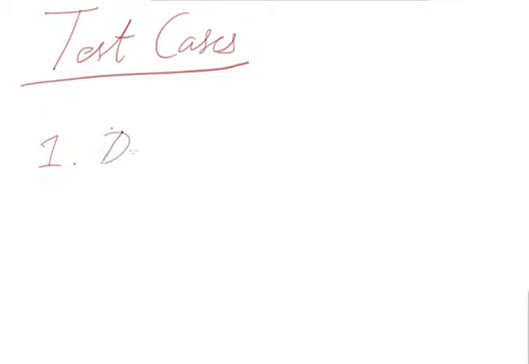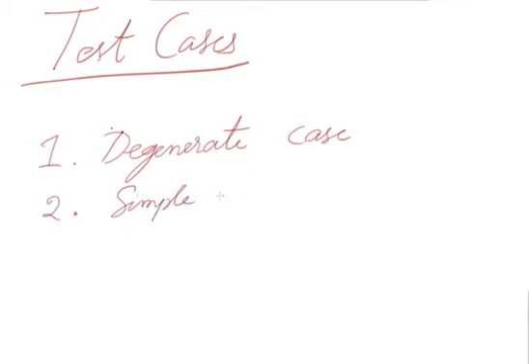So we first have the degenerate case, which is the empty list. We handle the degenerate case, which is the easiest one to handle. Then we can handle a simple one element case.